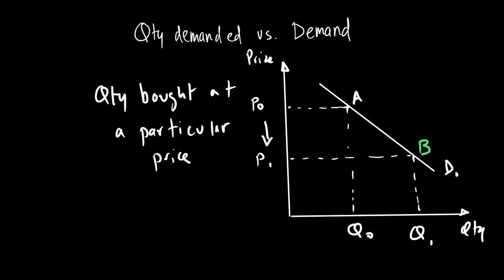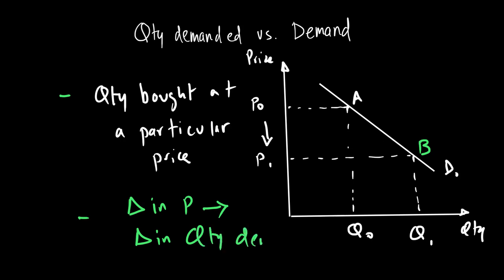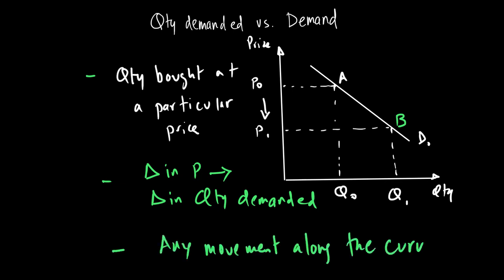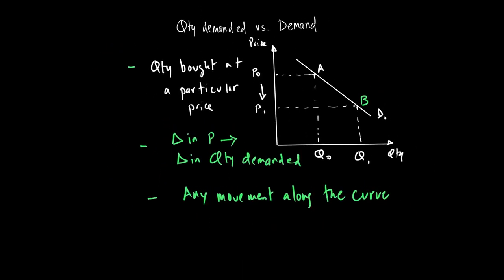So one could also say that whenever there is a change in price, there will be a change in quantity demanded. We won't say there will be a change in demand, but a change in quantity demanded. Also, importantly, any movement along the curve will result in a change in quantity demanded.